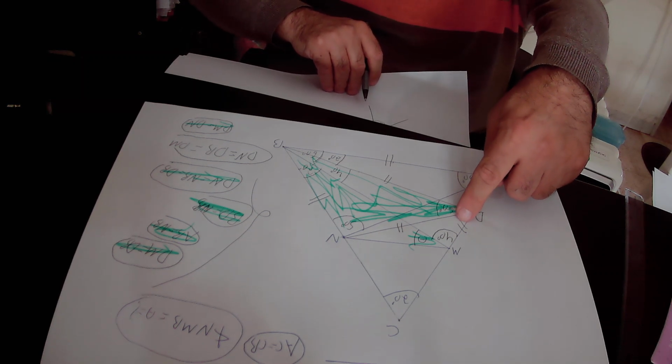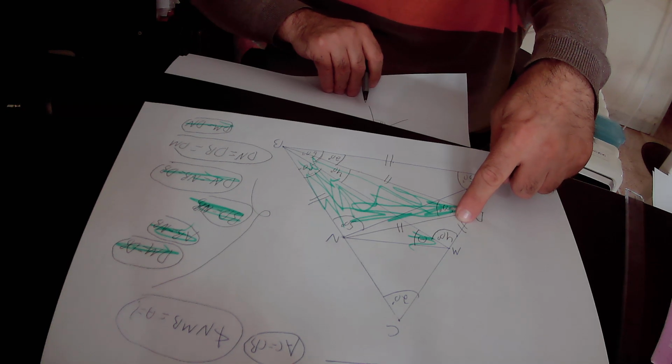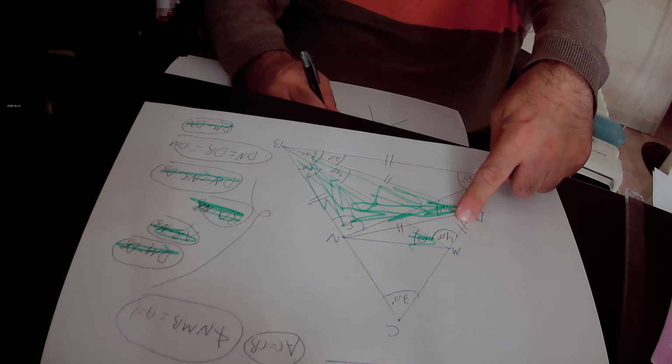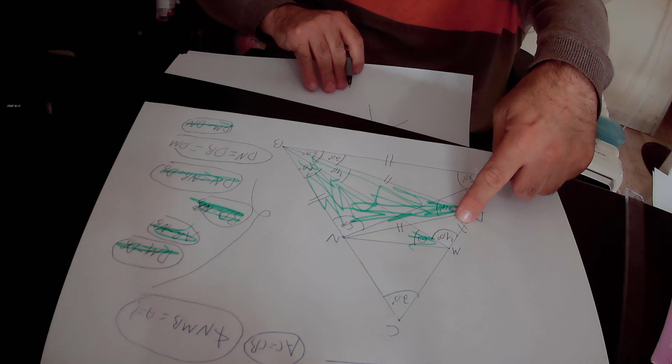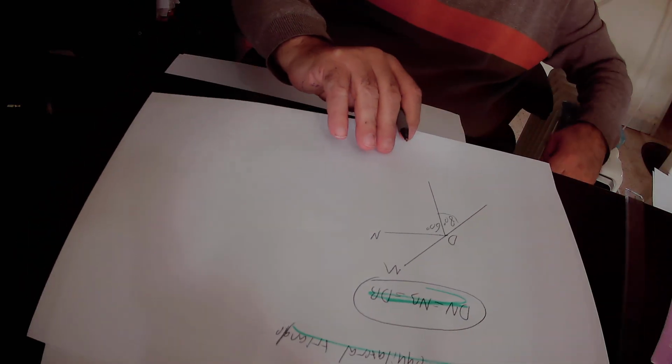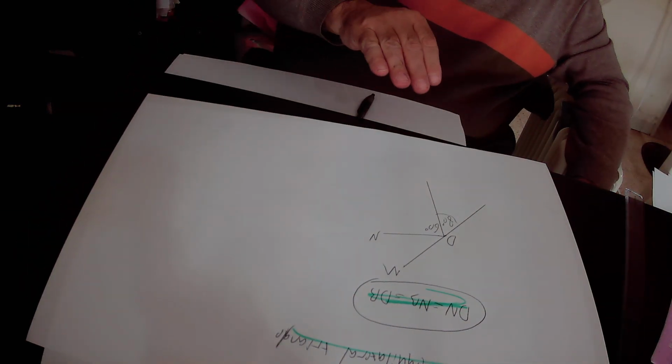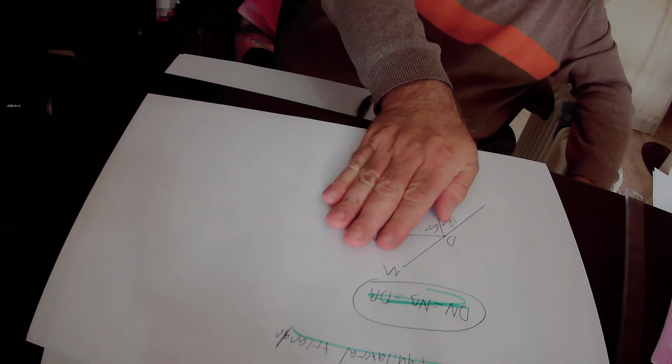So the missing angle, angle MDN, according to the rule that the sum of the angles on one side of the straight line is equal to 180 degrees.